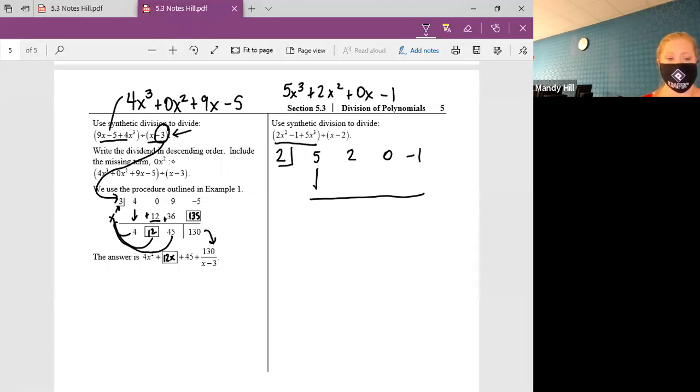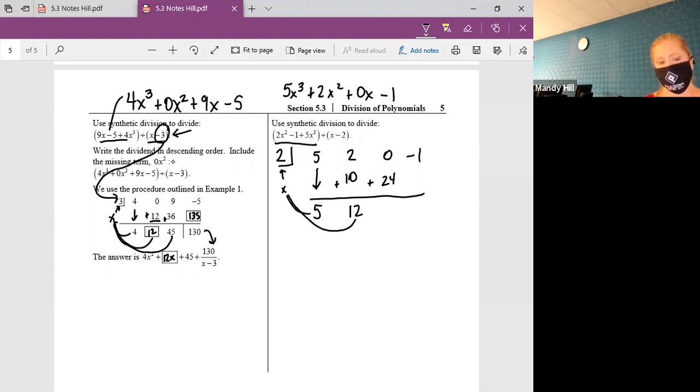Going to bring down the 5, and then we're going to say 5 times 2, 10. Going to add those two together. It's going to get me 12. Going to have to do 12 times 2, which is 24.